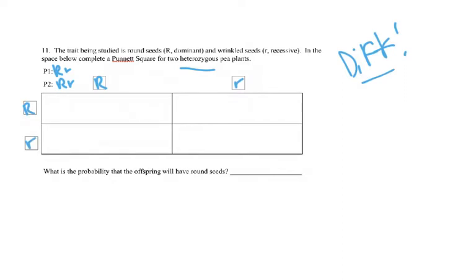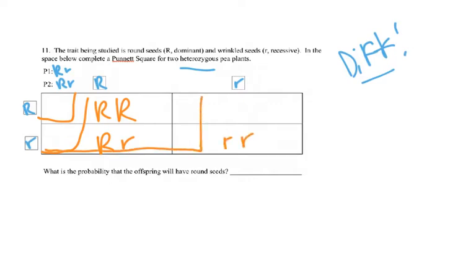Now I do the same thing that I've been doing. All I have to do is match them up on the grid, okay? So when I do these two, I get 2 capital R's. When I do these two, I get a capital R and a lowercase r. When I do these two, I get 2 lowercase r's. And when I do these two, I get capital R, lower r.